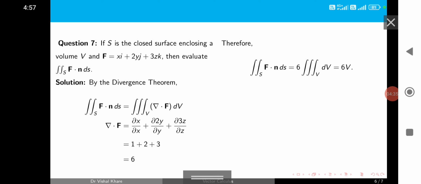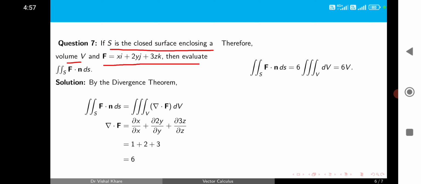Question number 7, if S is the closed surface enclosing a volume V and the vector F is equal to x i plus 2y j plus 3z k, then evaluate the integration of F dot n ds along surface S. So by the divergence theorem, the double integration of F dot n ds is equal to the volume integral of divergence F dV.